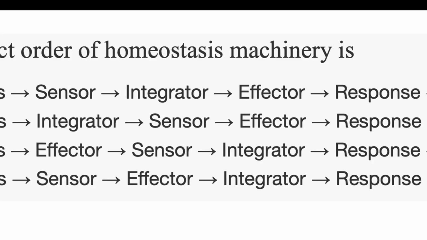This will be an easy one for the students, but the options can be really confusing. Please go through the question carefully, look at the options carefully, and let me know what is the correct answer to this question in the comment box. Let's wait for a minute and I will reveal the correct answer to this question.